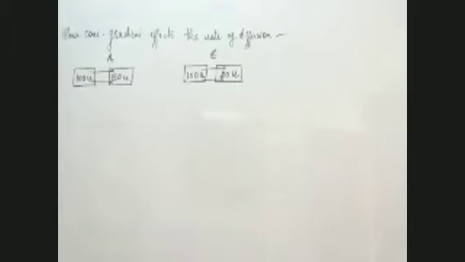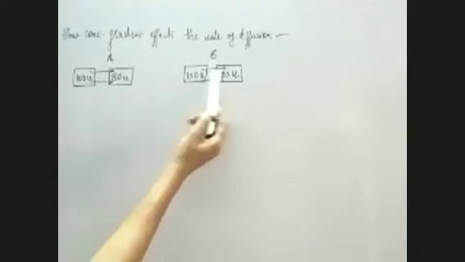Okay, no problem. The rate of diffusion will be faster in setup B, where the difference is more, because there the concentration is very low.